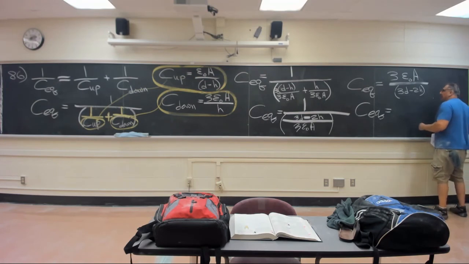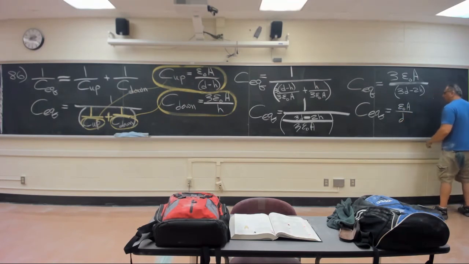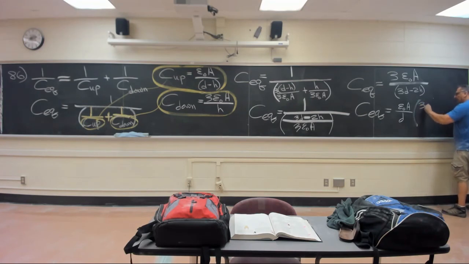You could take epsilon naught A and introduce division by D. Yeah, if you do that, you better introduce multiplication by D. That's 3D.